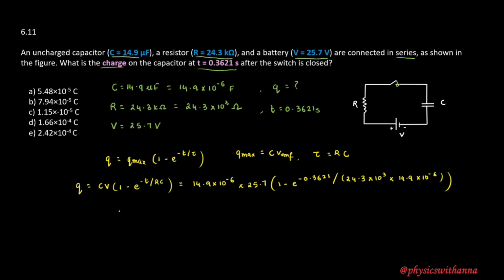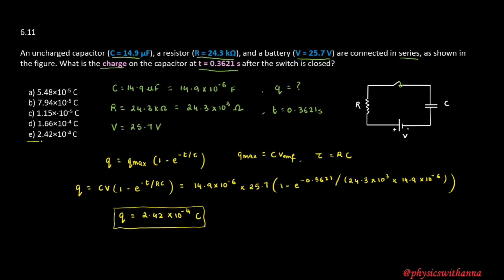And when you solve this, you get the value of Q to be equal to 2.42 times 10 to the power negative 4 coulomb. So the answer will be option E.